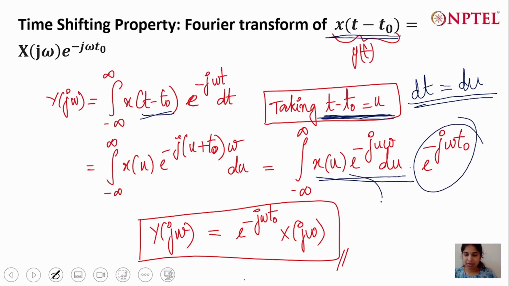So this we can write as the Fourier transform capital X of j omega into e power minus j omega t naught. So the Fourier transform of x of t minus t naught is capital X of j omega into e power minus j omega t naught. This is the time shifting property of Fourier transform.